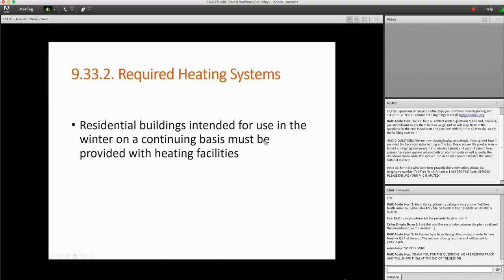When it comes to dwelling units, there are required heating systems. Residential buildings intended for use in the winter must be provided with heating facilities.